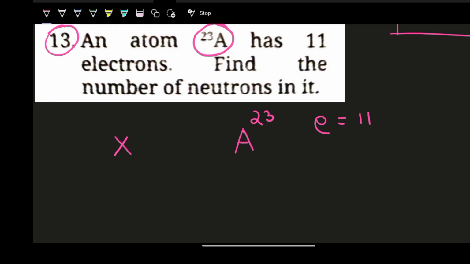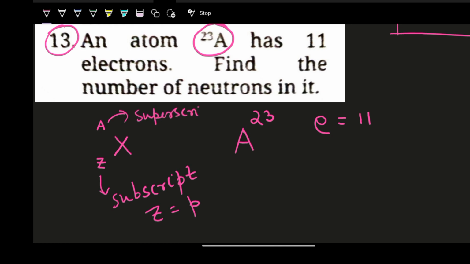When I'm writing the symbol and if it is electrically neutral, then यहाँ पे सबस्क्रिप्ट में होता है एटॉमिक नंबर, सुपरस्क्रिप्ट में होता है मास नंबर. इसको बोला जाता है सबस्क्रिप्ट. This is called subscript. And this is the atomic number. And atomic number is equal to the number of proton. And this is known as superscript. And superscript में क्या है? मास नंबर है. और मास नंबर इज इक्वल टू नंबर ऑफ प्रोटॉन प्लस न्यूट्रॉन.